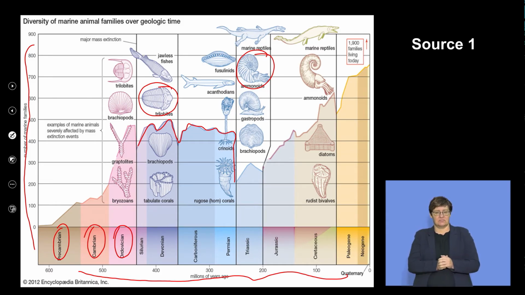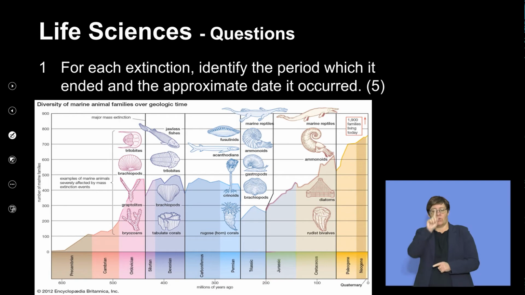With something like this, once you've worked out what it's telling you, the next thing is, what are the questions? Okay, and the first one says, for each extinction, identify the period and the approximate date in which it occurred.